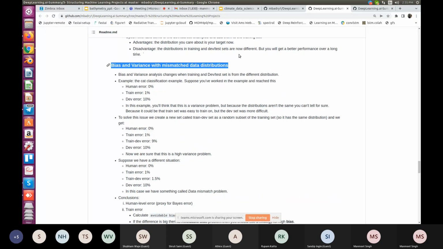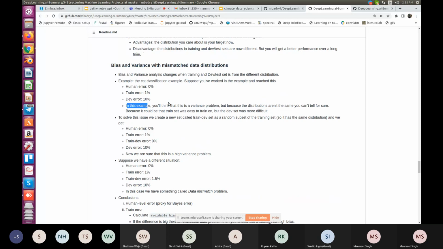If the distributions are different, how would you do the bias variance trade-off? Bias and variance analysis changes when the training and dev or test sets are from different distributions. For example, in the cat classification problem, suppose human error is 0%, training error is 1%, dev error is 10%.